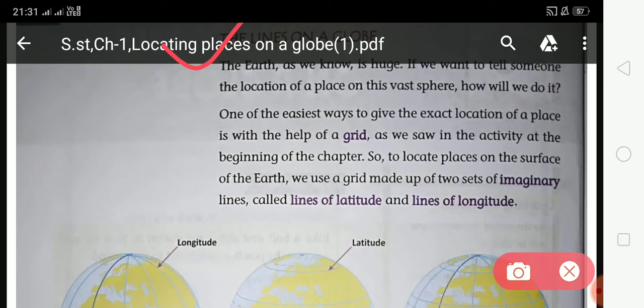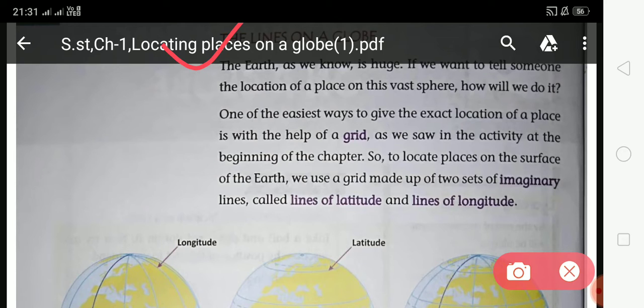If we want to tell someone the location of a place on this vast sphere, how will we do it? How can we locate a place on a globe?